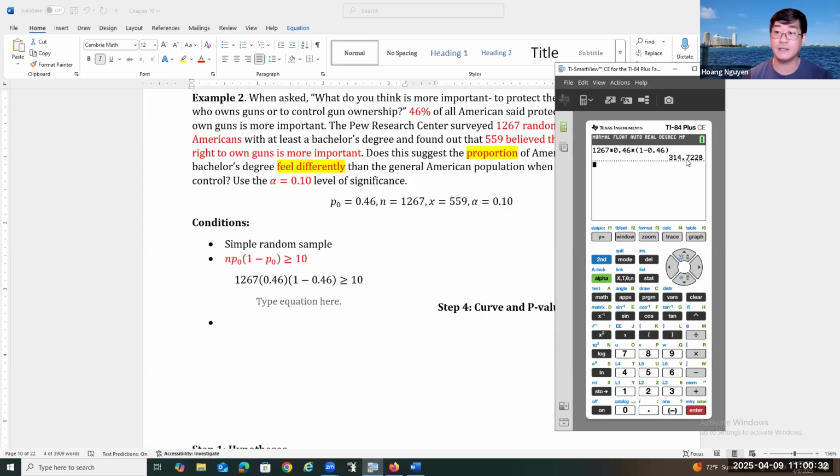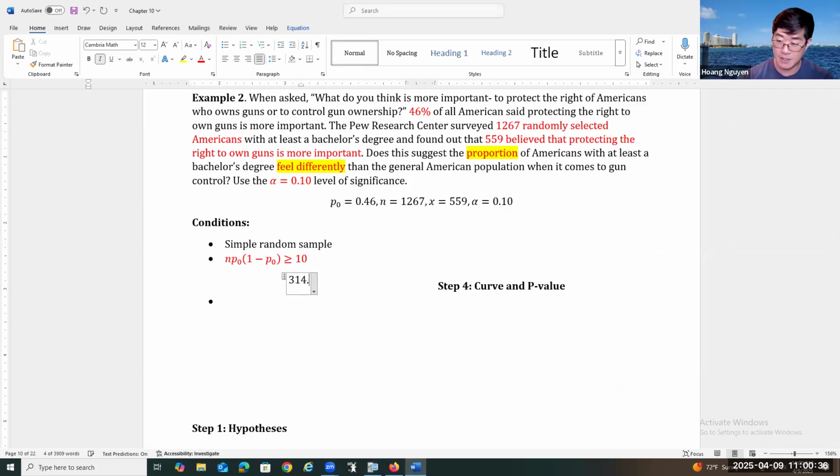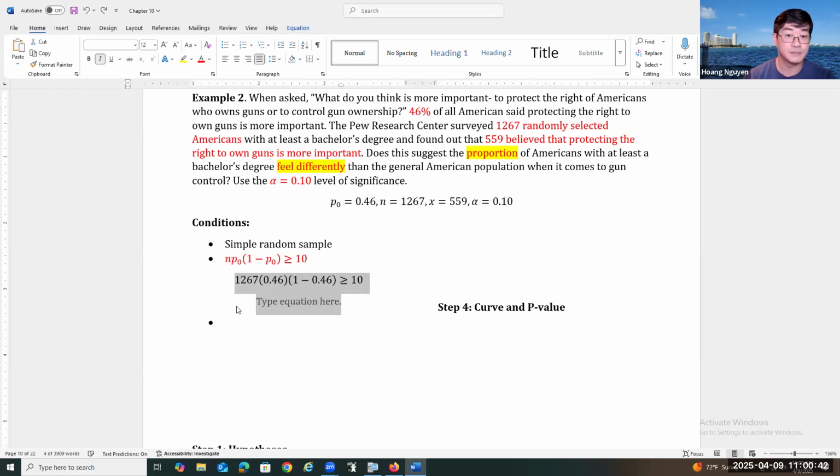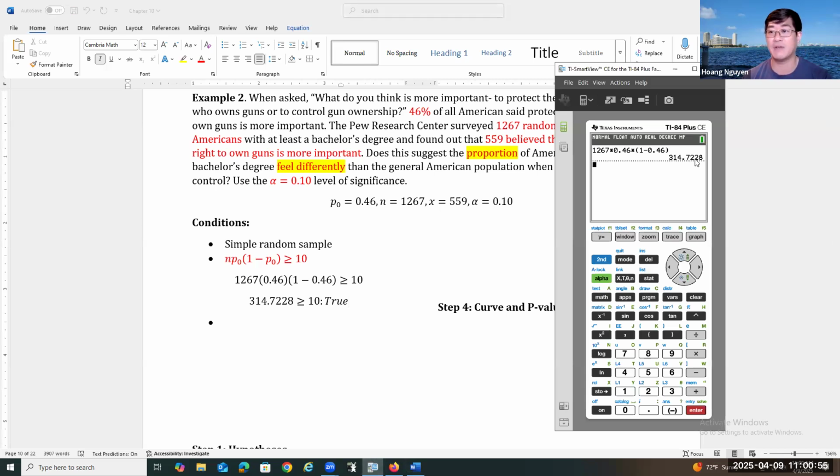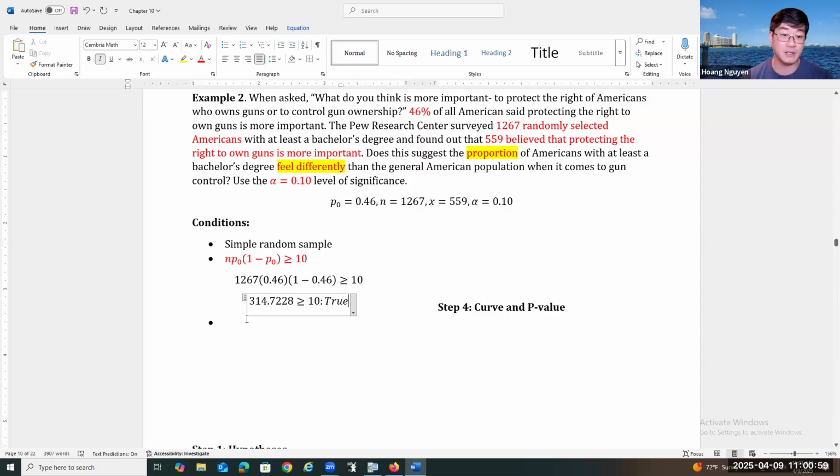Okay, 314.7228, which is more than or equal to 10. This condition is true, right? So 314 is more than 10. So the second condition is good.